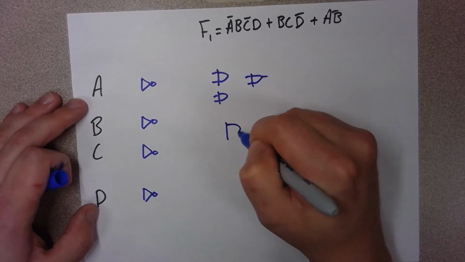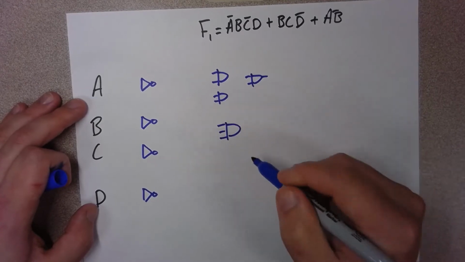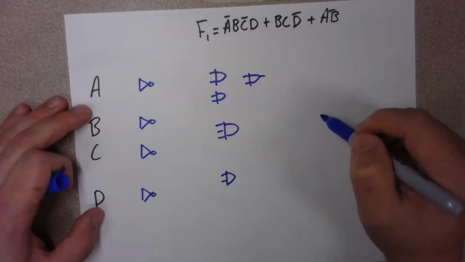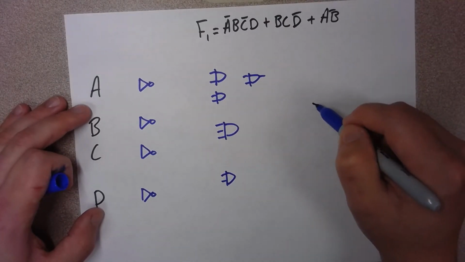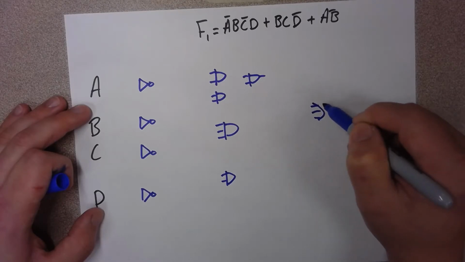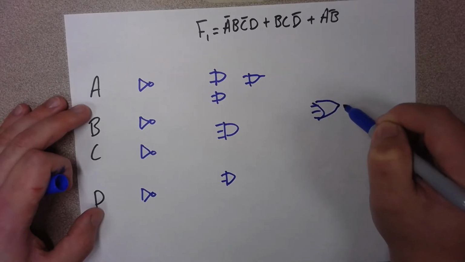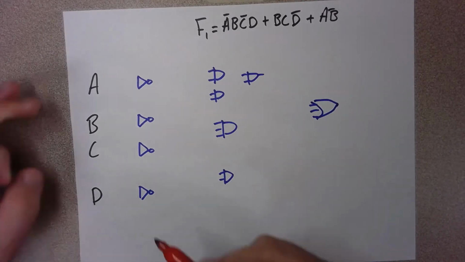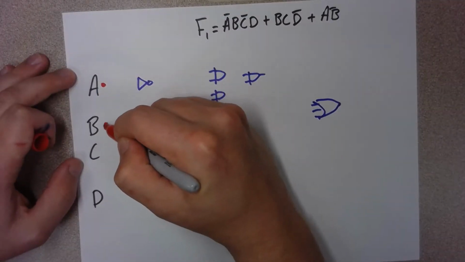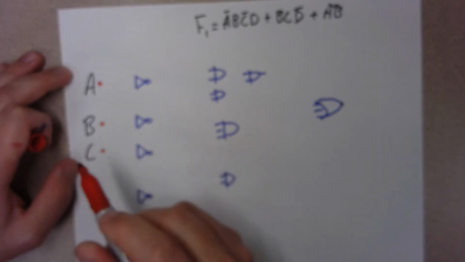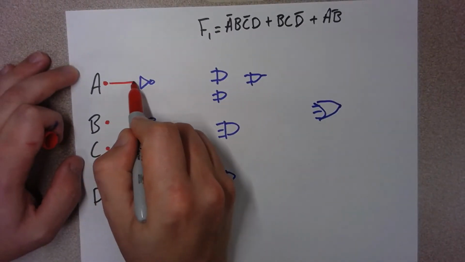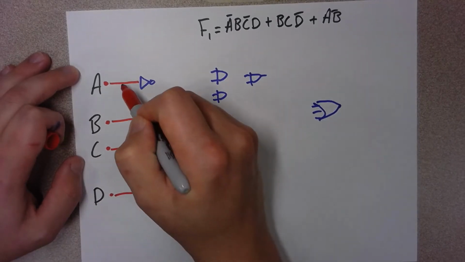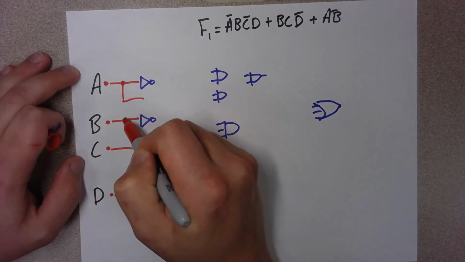We still have our 3 input AND, and then another 2 input AND down here like before, and then your 3 input OR down here still. Then we start getting our wires drawn in. Again, I'm going to start by giving a connection to all of my inverter gates, and then a connection that goes out clean.